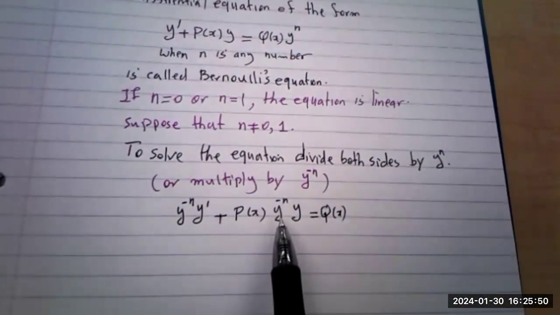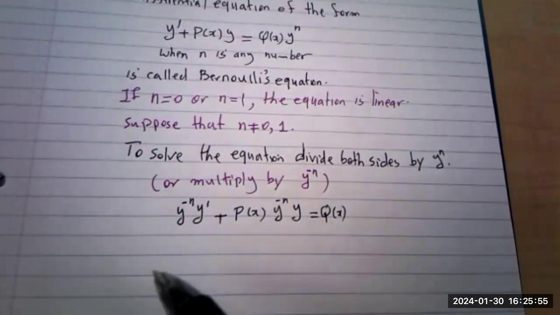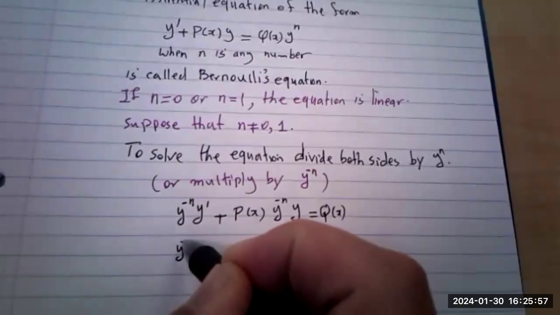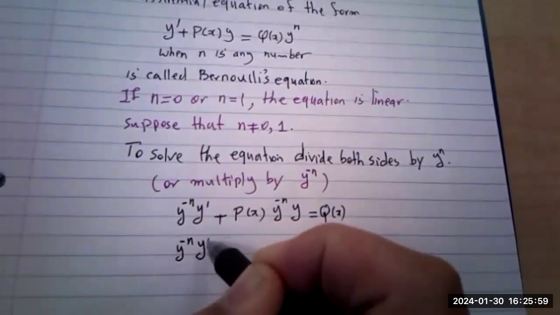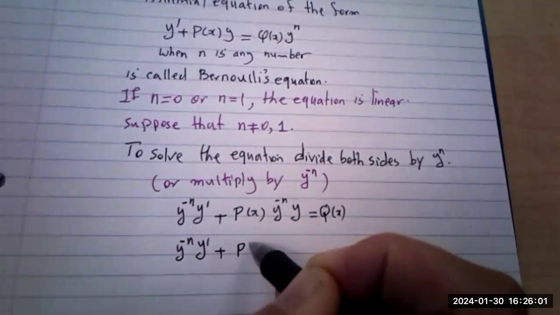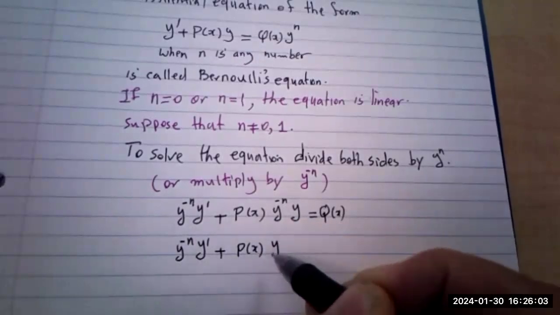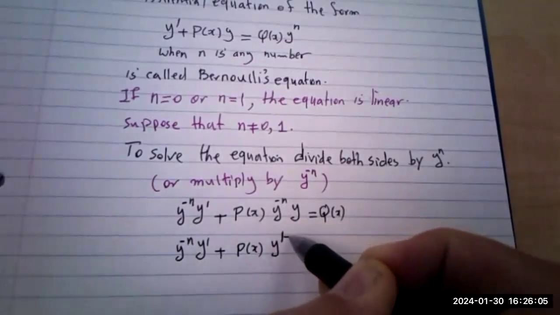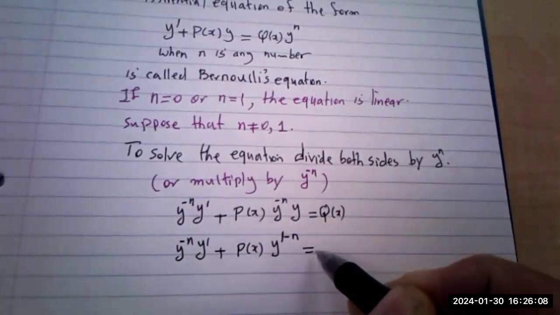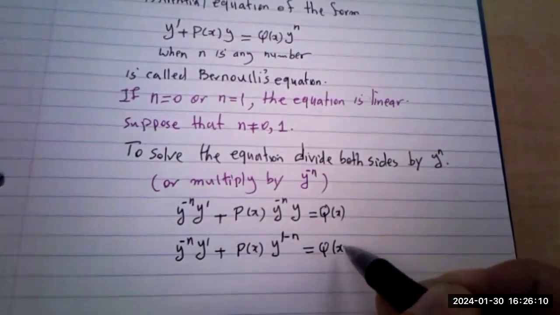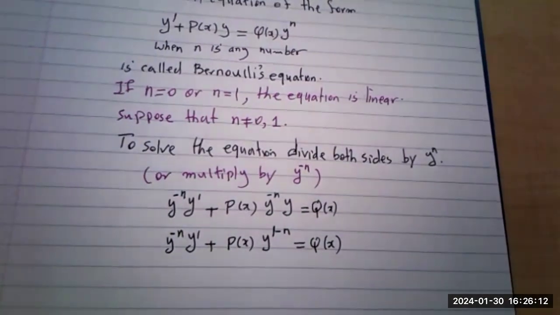This is y to the negative n, and this is y to the first power. You add the powers together. So the result of the equation would be y to the negative n, y prime, plus p of x times y to the 1 minus n, equal to q of x.